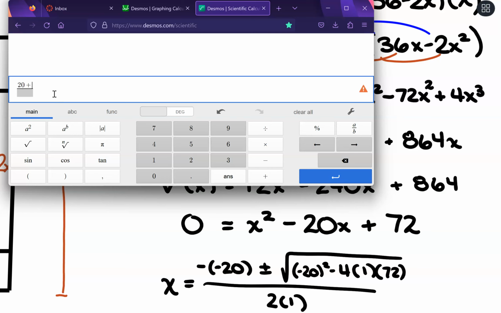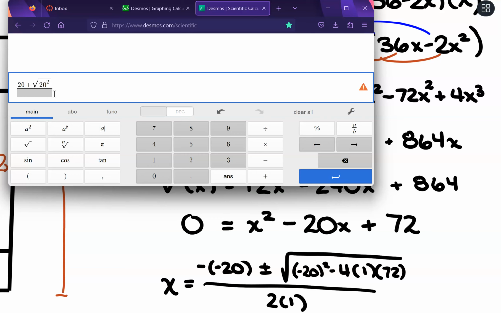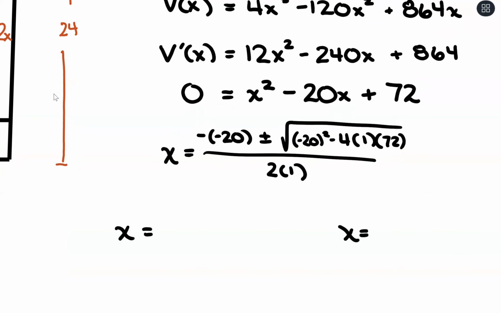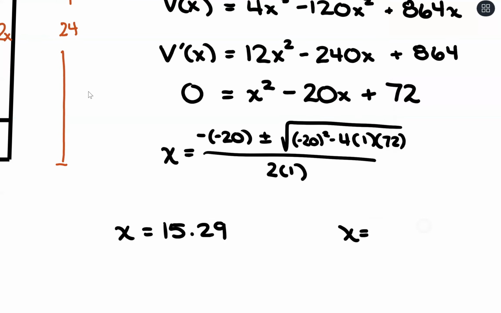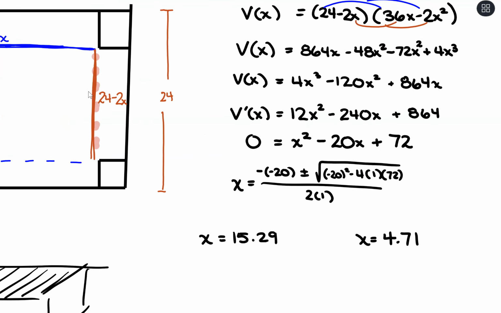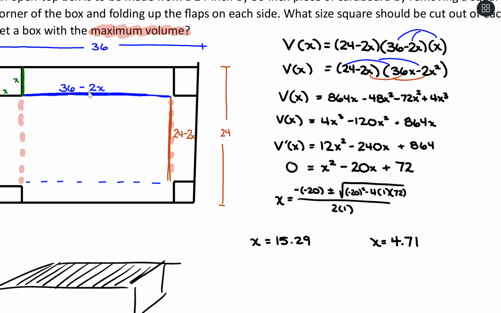Let's do plus first. Square root of 20 squared minus 4 times 72 all over 2. So we have a 15.29 as one of the answers. And then we do the same thing, but instead of addition, we're going to use subtraction. So 4.71.